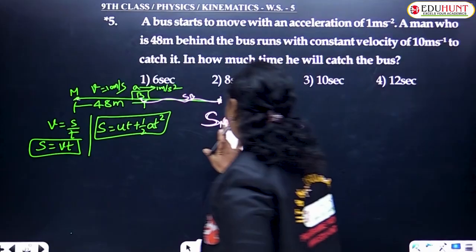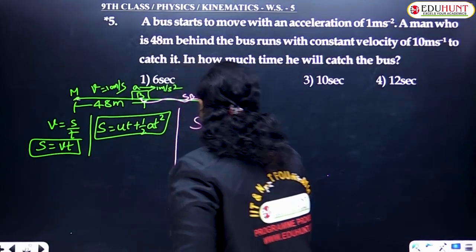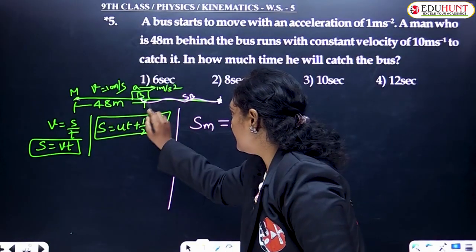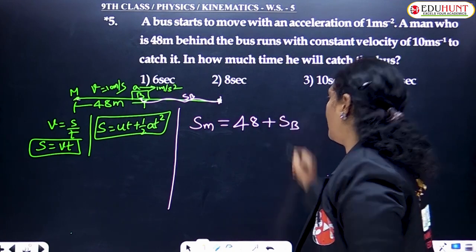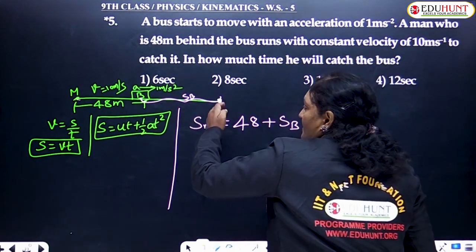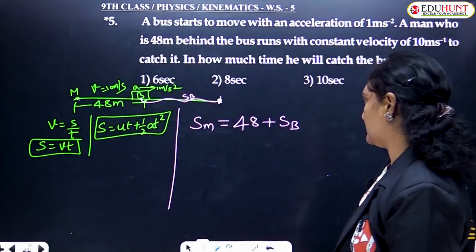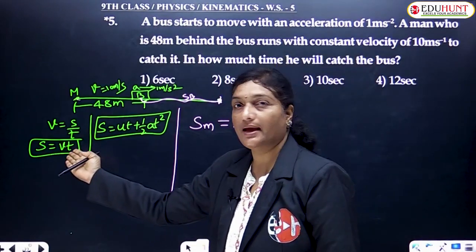So what I have written is the distance traveled by the man equals 48 meters plus the distance traveled by the bus, because when the bus reaches here, the man also reaches here, and hence he will board the bus. What is the formula for distance traveled by the man?